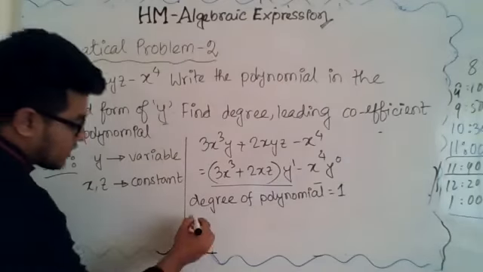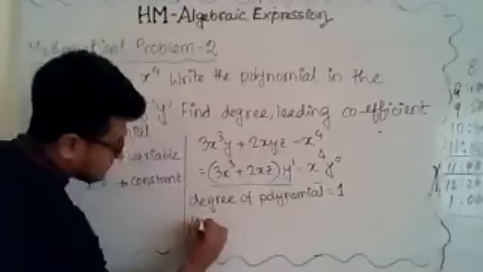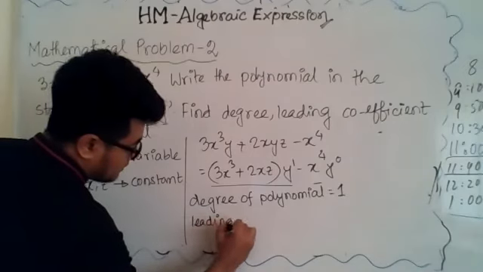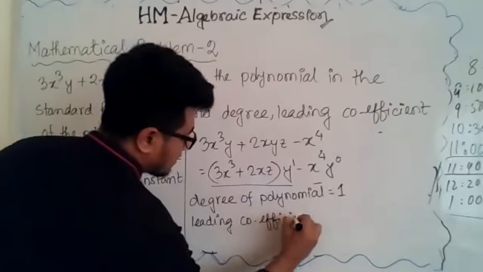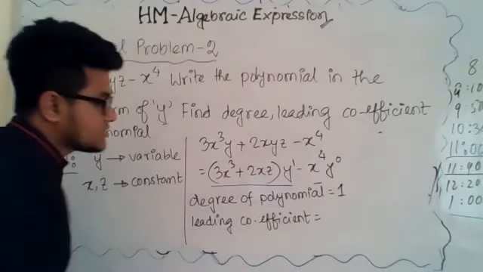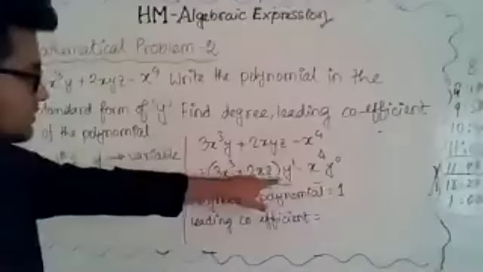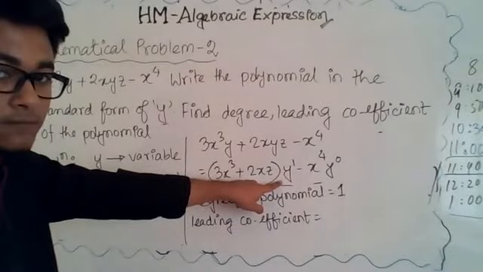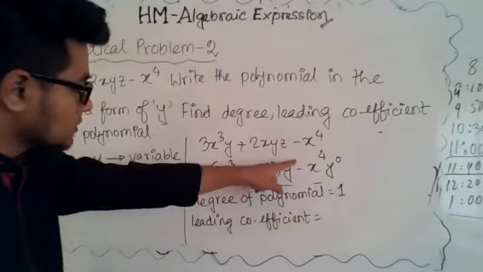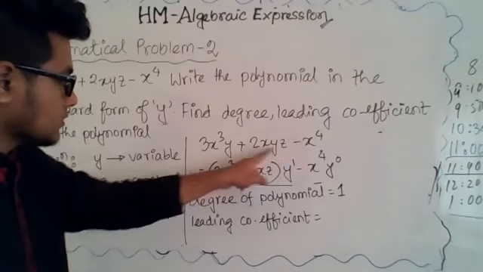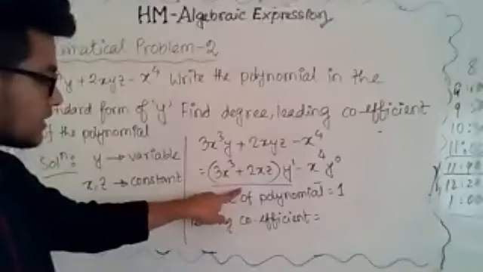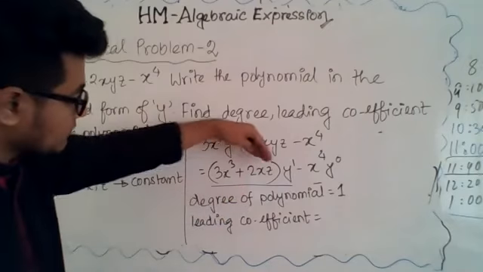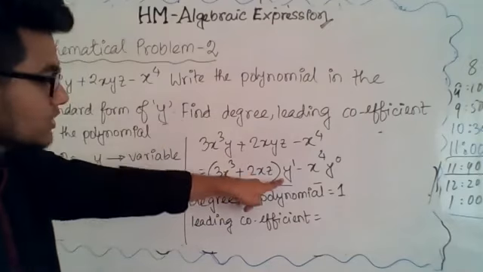And then if I want to find out the leading coefficient, to find out the leading coefficient, I must be able to know the leading term. So as you can see, this is with the power 1 of the variable, and this is 0. So this is the highest power, right? So highest power term is known as the leading term, and the leading coefficient is whatever there is multiplied with the variable.